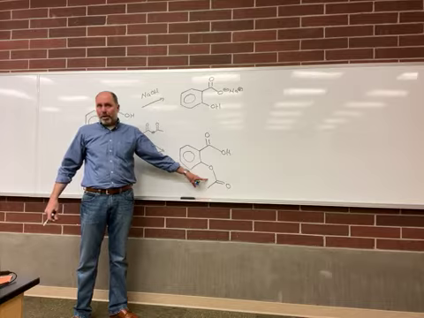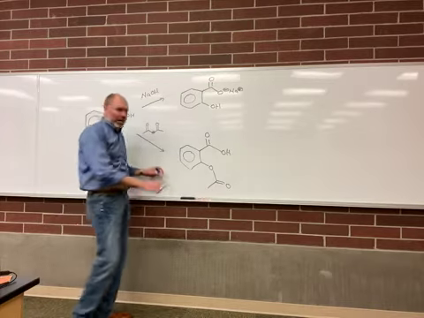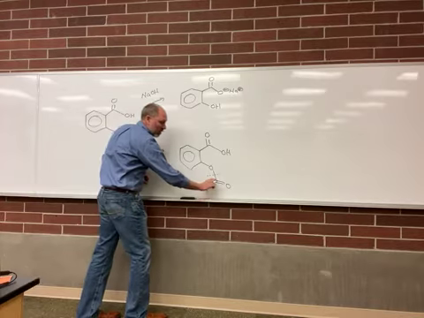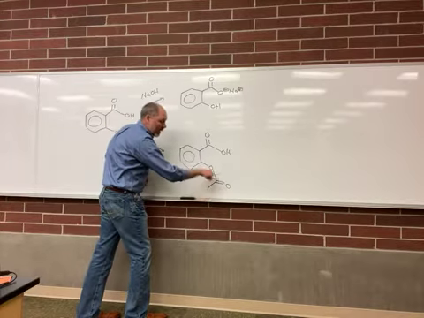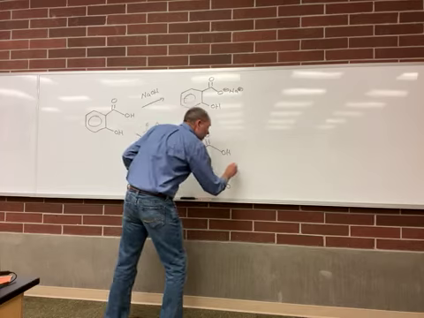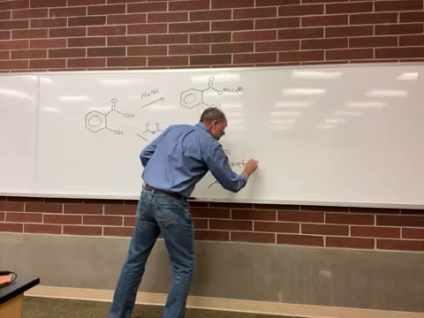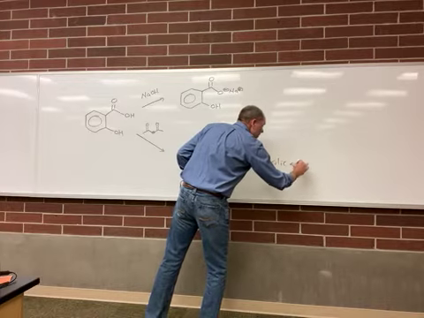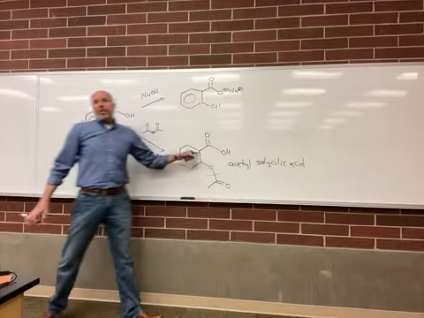Notice the functional group here. Oh, that's an ester, right? Here is my special bond. Here's the carbonyl, so it's ethanoate. And you can see that this is acetylsalicylic acid. That is today what we take when we take an aspirin.